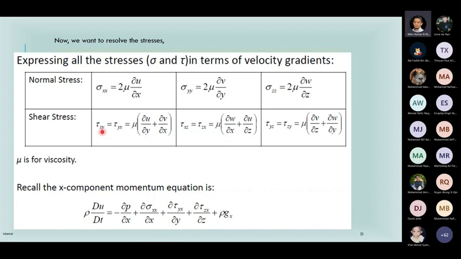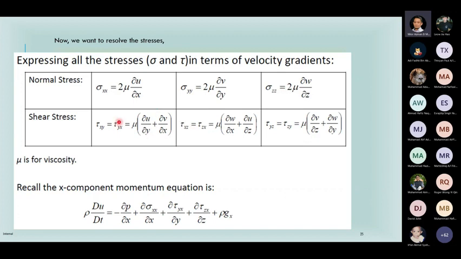To cut it short, the shear stress is defined by this: the shear stress on the surface xy, and on the surface yx, is equal to the viscosity times partial u over partial y plus partial v over partial x. The shear stress on the surface xz is the same by symmetry: partial w over partial x plus partial u over partial z, and so on for the other surfaces.